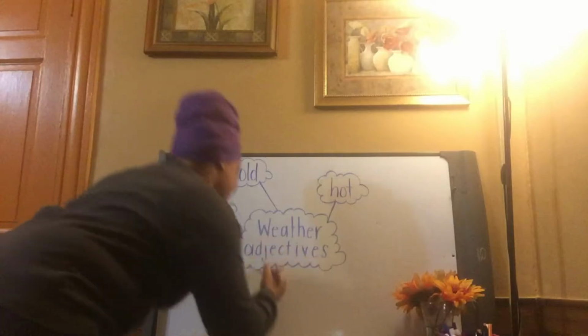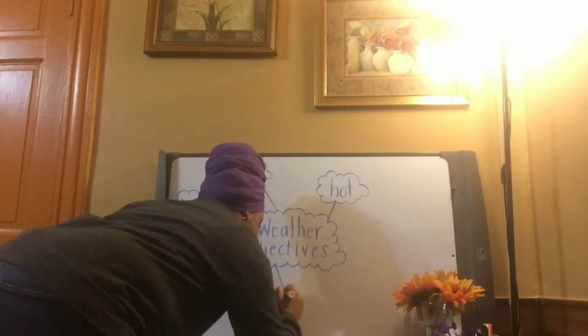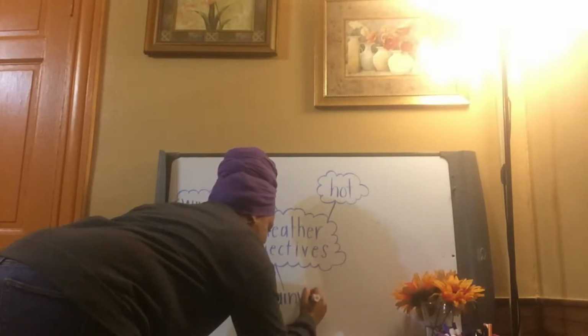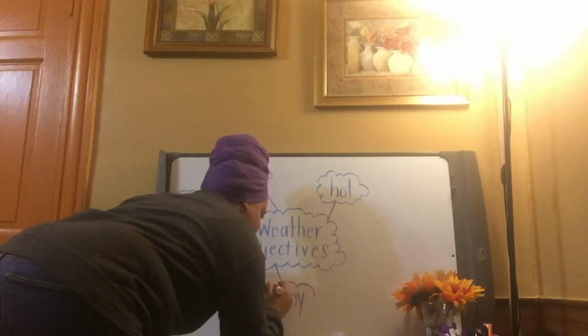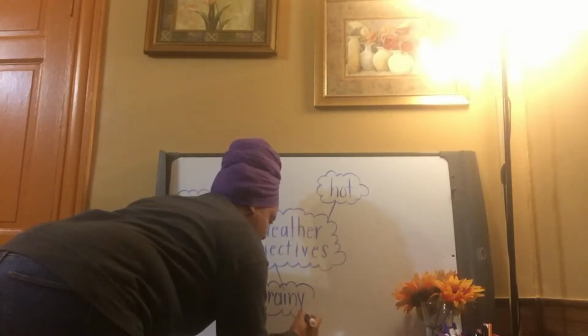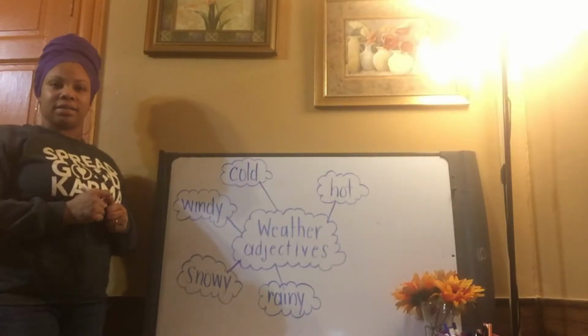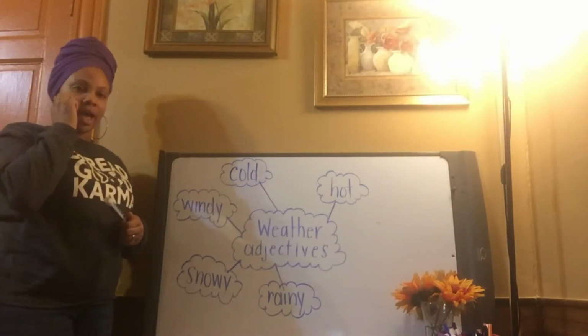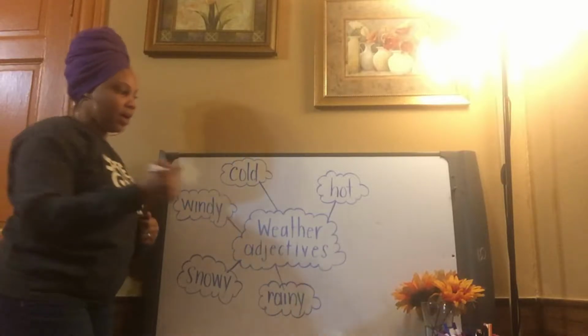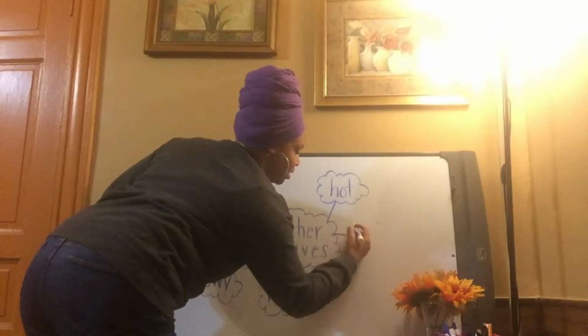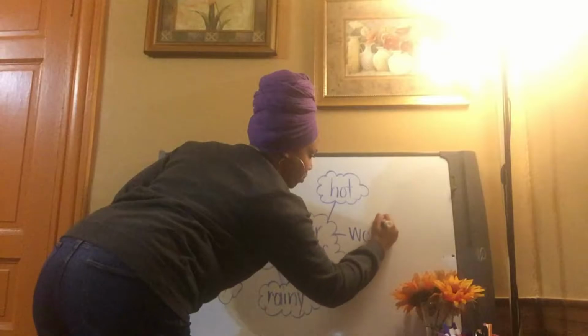Rainy, very good. Rainy is another way to describe the weather. And when it's rainy, what happens outside? Very good, it becomes wet. Wet is another way to describe the weather.